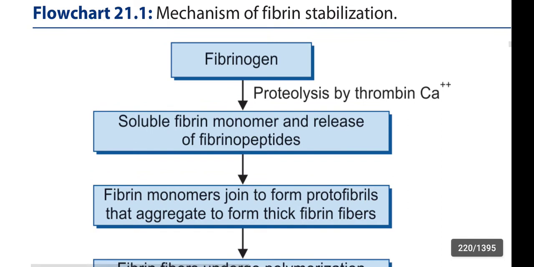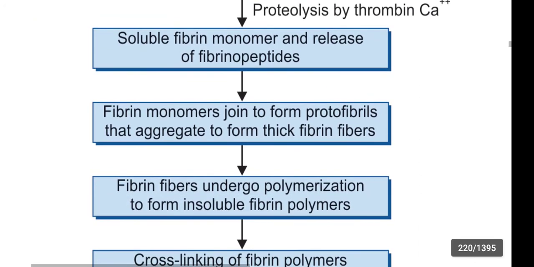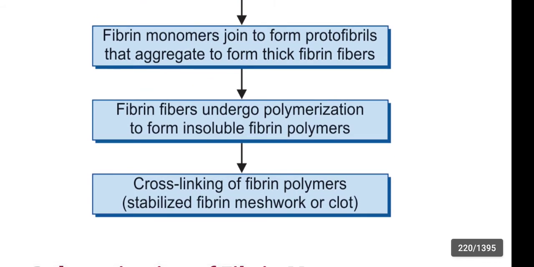These fibrin monomers join to form protofibrils that aggregate to form thick fibrin fibers. The thick fibrin fibers undergo polymerization to form insoluble fibrin polymers. The cross-linking of fibrin polymers stabilizes the fibrin meshwork or clot.